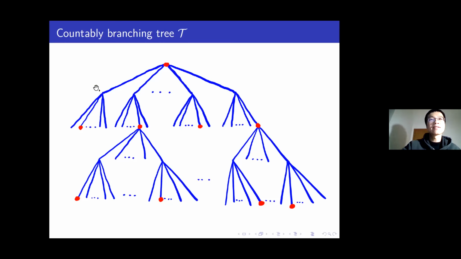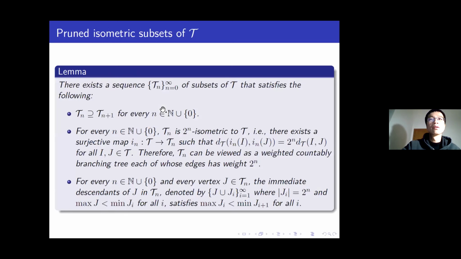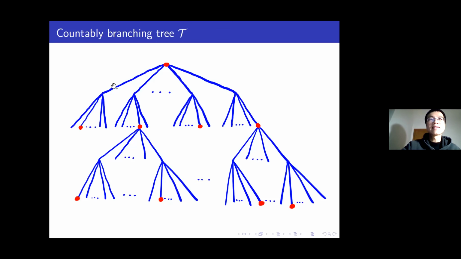Now you look at the next level of J. These are immediate descendants of J in Tn, and you look at the first immediate descendant, and you pick an immediate descendant of this vertex, and I mark it as a red point.